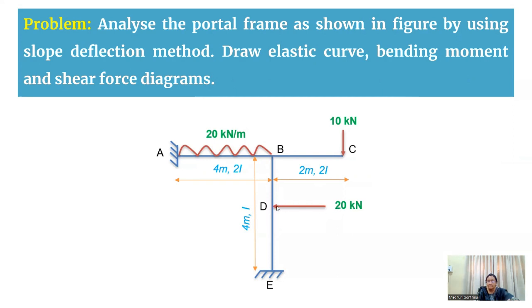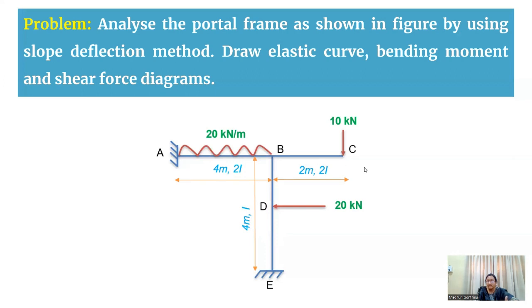As this horizontal load is acting on the BE member, the member is going to have a sway. But at the end support, it is a fixed support, therefore it is restraining the structure from moving. So that is the reason there will be no sway.